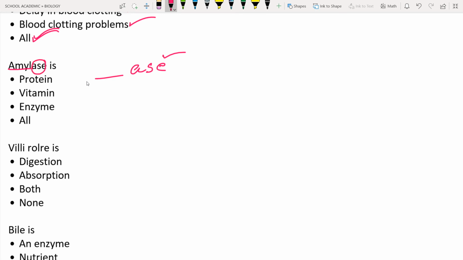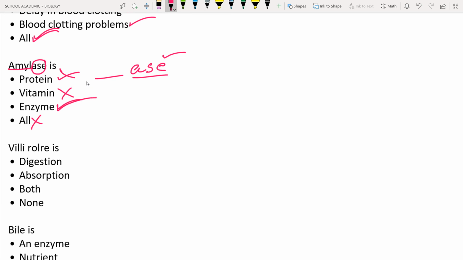So what are they saying, amylase is protein? No. Why? Because there is the ASE suffix. It cannot be a protein, and it cannot be a vitamin. Why? Because it is an enzyme. So since one option is correct, you cannot go for the others. Amylase is an enzyme.